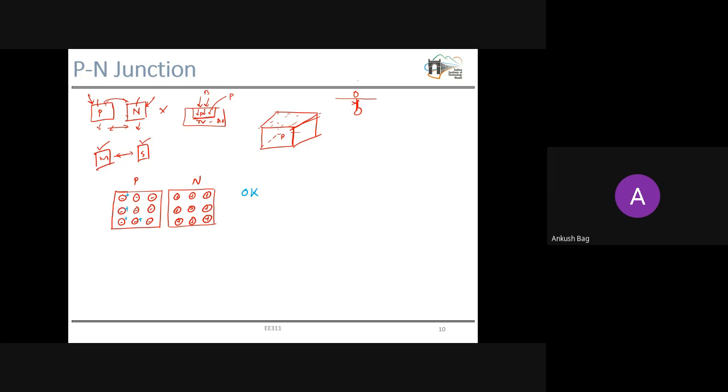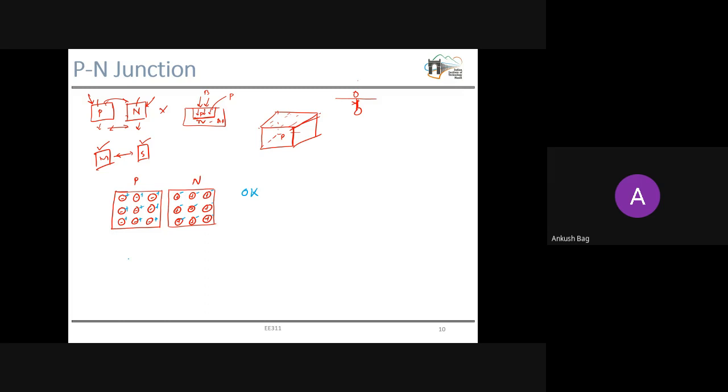Here we have acceptor dopants, and these holes are attached to them. Similarly, in the case of the N-type semiconductor, with the donor atoms, we have electrons attached because our semiconductor is at 0 Kelvin. There is no thermal energy to ionize these dopant atoms. So that is why it will look something like this.